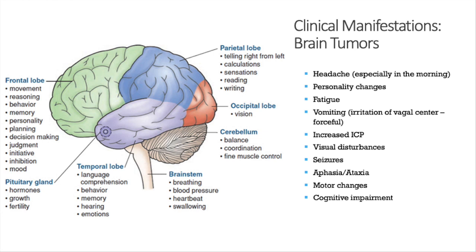If you have a tumor in your parietal lobe, the patient is going to have issues with sensations as well as reading and writing. Again, occipital lobe has to do with sight. Your pituitary gland has to do a lot with your release of certain hormones. And then your temporal lobe is usually more so comprehension and language, as well as memory.